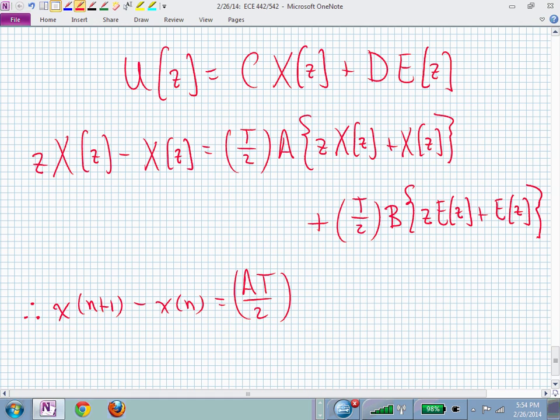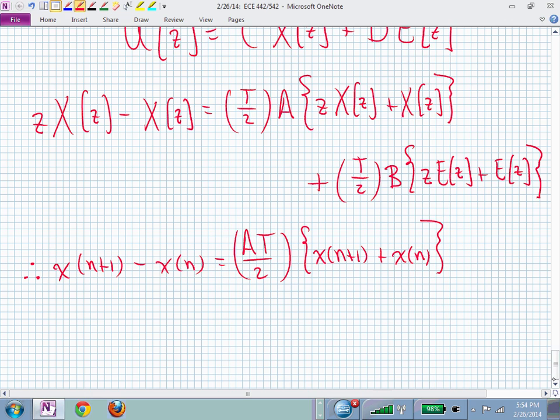This is consistent with what we had in our formula. So I now have AT, and this is now x of n plus 1 plus x of n. And I also have plus B, capital T over 2, E of n plus 1 plus E of n.